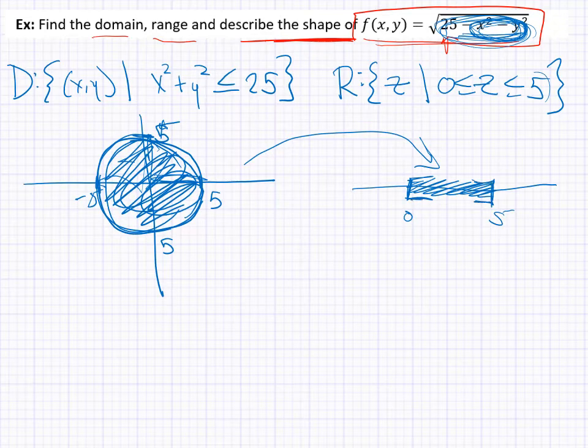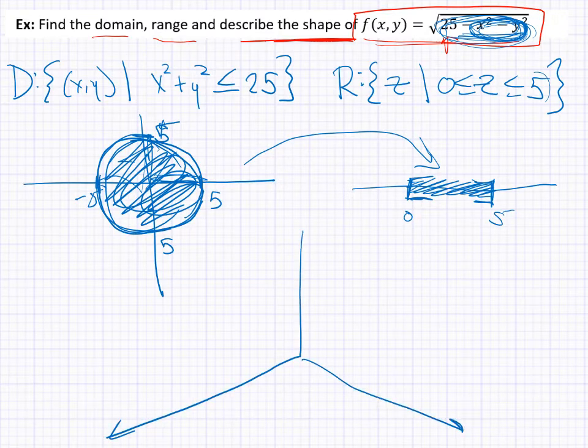Now graphically, what's that going to do? Well, let's think about that. If I look at this in the xy plane, my domain is this circle here, and we said that this point right here, 0, 0, gets matched up with a z value of 5, so we get the point 0, 0, 5.